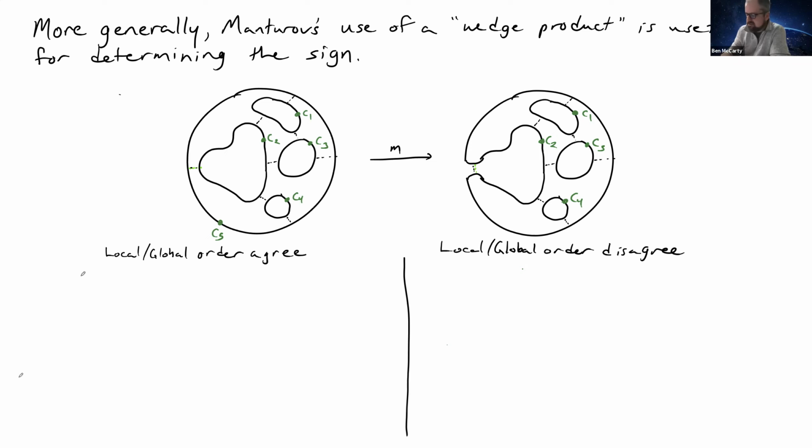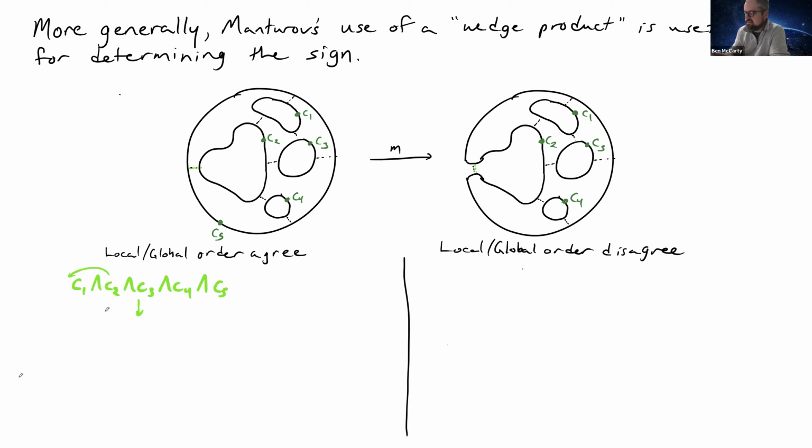So the sign convention that he describes says, okay, let's suppose we've got C1 wedge C2 wedge C3 wedge C4 wedge C5. First thing we're going to do is take the two circles to be merged, and move them to the front of the list.